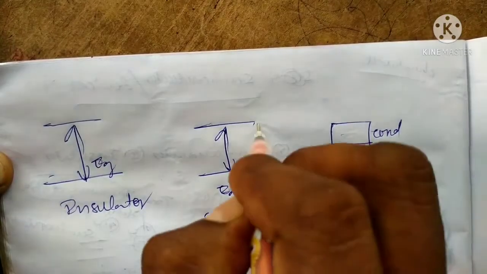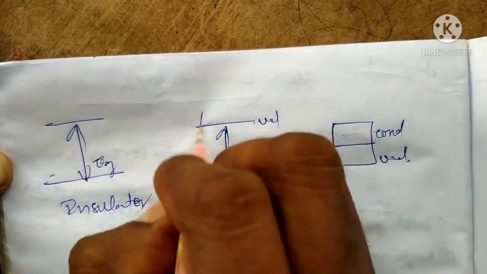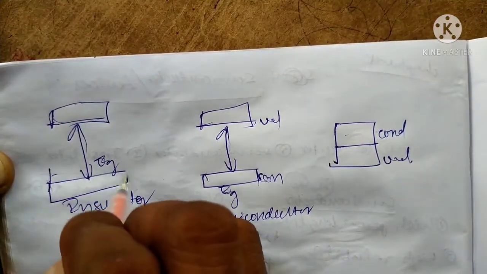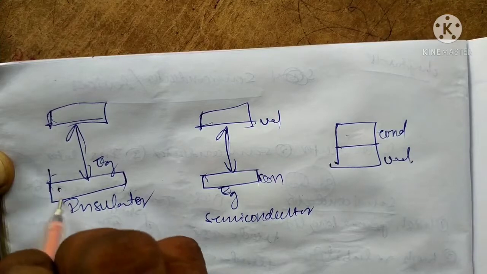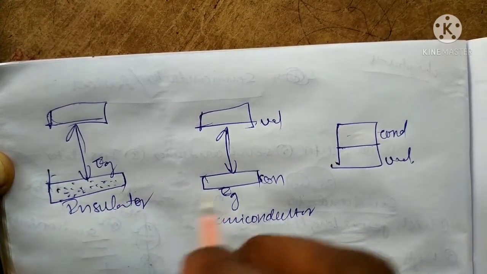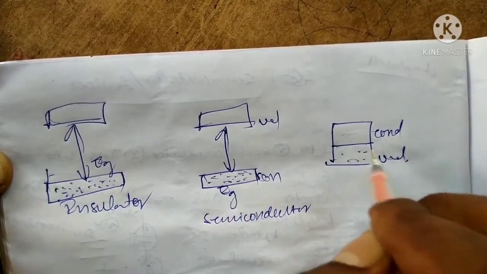There are electrons in the valency band at 0 Kelvin temperature. Now we discuss what the conduction band and the valency band are.